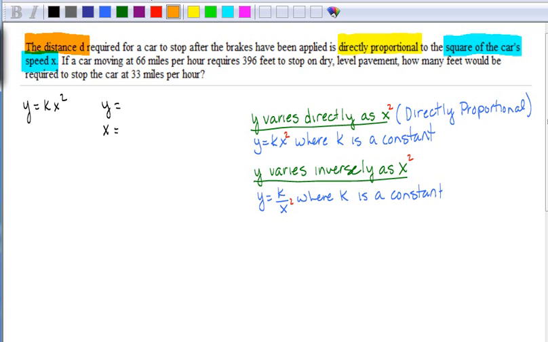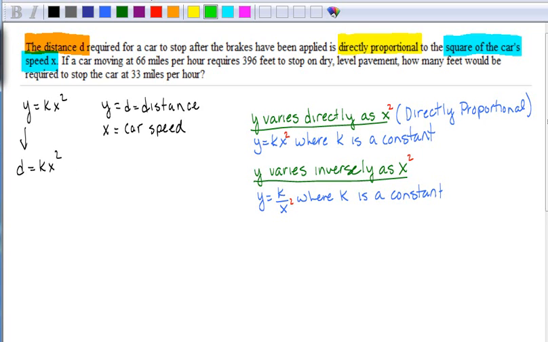So y is the distance. And x is the car's speed, since there's no other variable there. So using the variables they give me, this would be d equals kx squared. That's the actual formula.